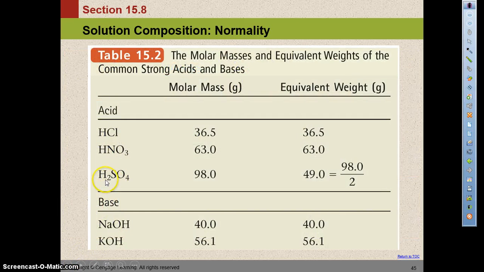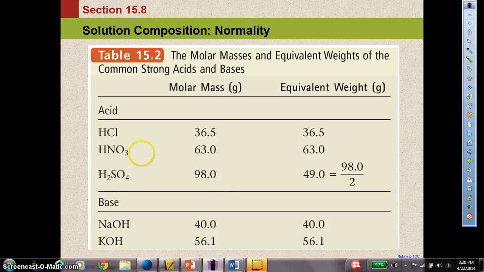So to furnish 1 mole of hydrogen ions, I only need half a mole of H2SO4, because I get double my money on this one. For every 1 mole, I only need half a mole, because I have twice as many hydrogen ions. So my equivalent weight is going to be half of my molar mass, which is 49.